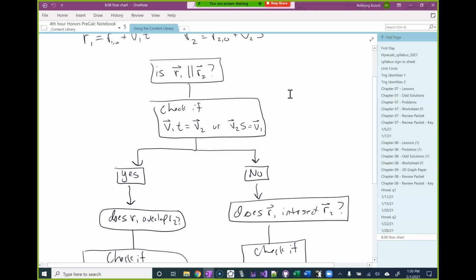And to do that, you take the slope component of one of the equations and set it equal to the other direction, and see if you can solve for a specific t or s, whichever situation you pick. It doesn't matter which one you choose. Usually this is pretty trivial, like you'll see a scalar multiple more often than not.